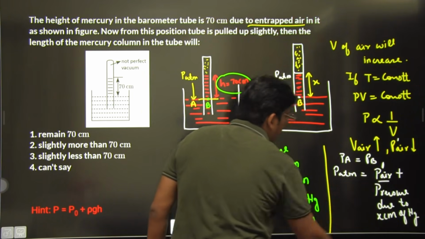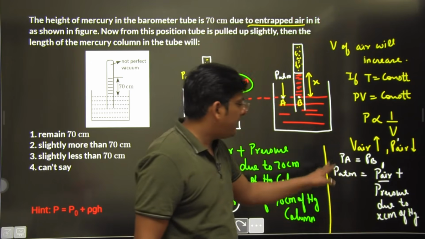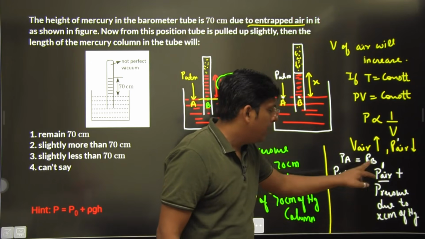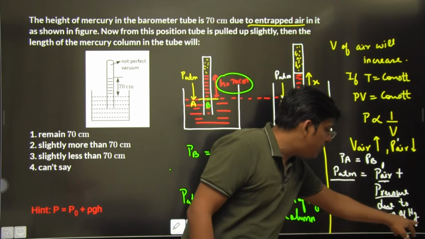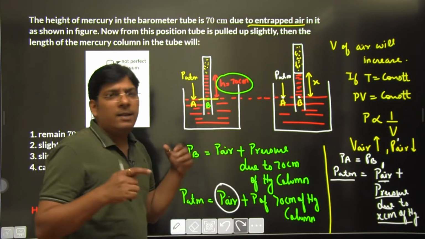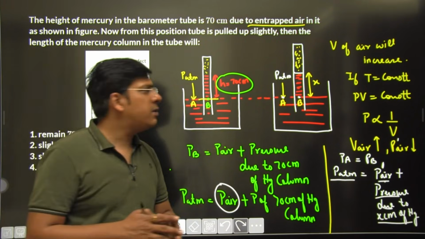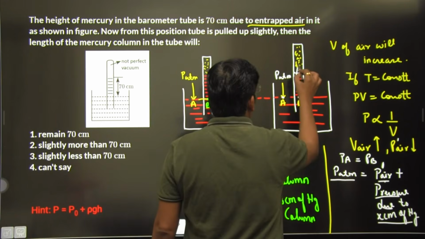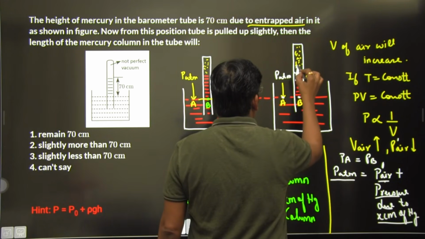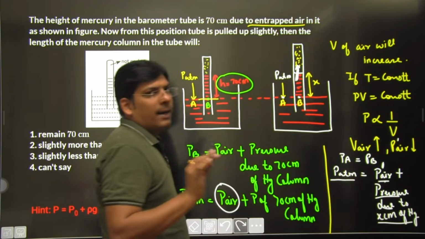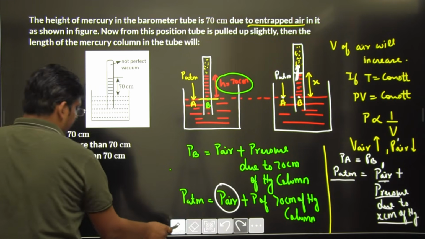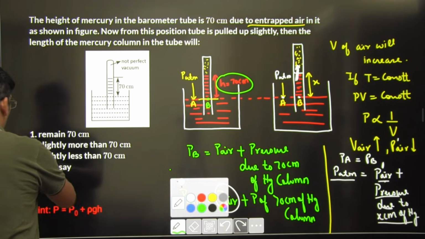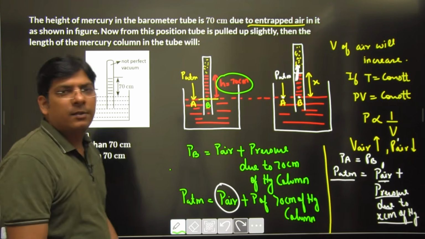Left hand side atmospheric pressure remains same, and this term decreases. So this pressure exerted by mercury column should increase in order to maintain the pressure at B equal to atmospheric pressure. So mercury level would rise, level of mercury would be slightly greater than 70 centimeter. Slightly more than 70 centimeter is the answer. Option 2 is going to be the right answer for us.